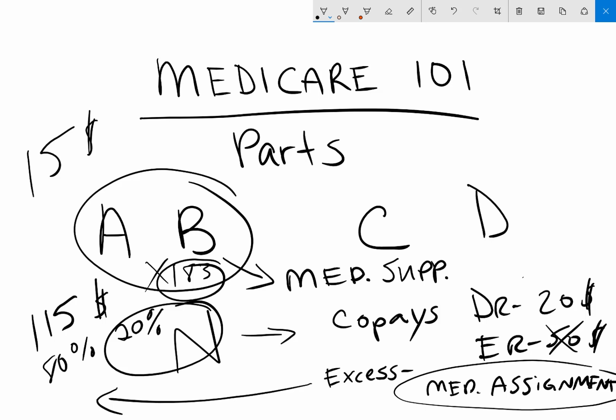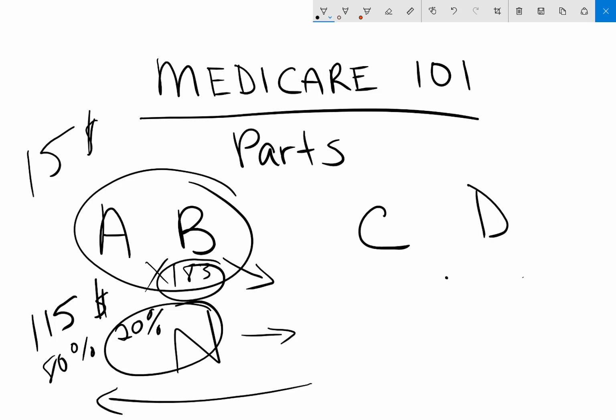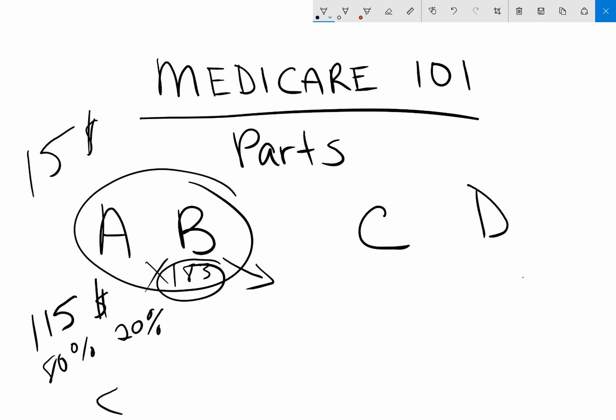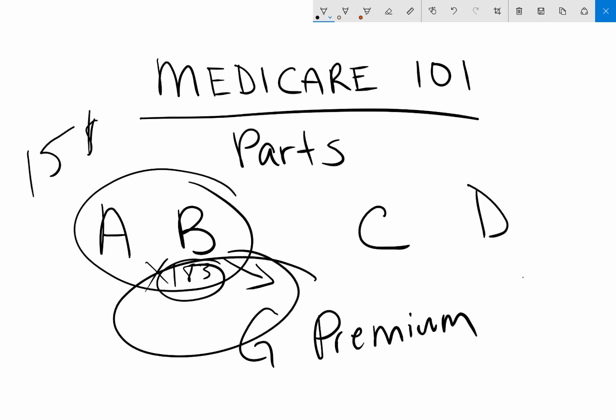But again, Plan F, Plan G, and Plan N are still the most popular. Plan G right now is the plan that we suggest the most because, again, you don't have to worry about the premiums going up near as much as you will with Plan F. You don't have to worry about the excess charges and copays like you do with Plan N. And at that point, the only thing you're paying with a Plan G is your premium and that $183 Part B deductible.